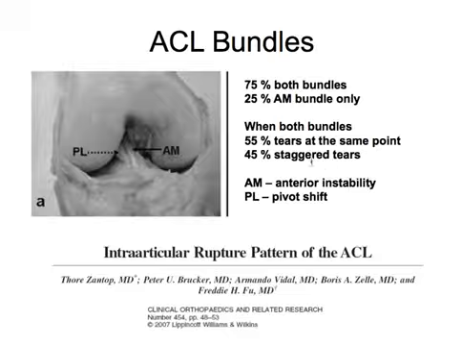One significance of the two bundles is their fiber alignment: the anteromedial bundle is thought to play a bigger role in anterior instability, while the posterolateral bundle may help prevent pivot shift, or a rotational instability associated with knee extension.